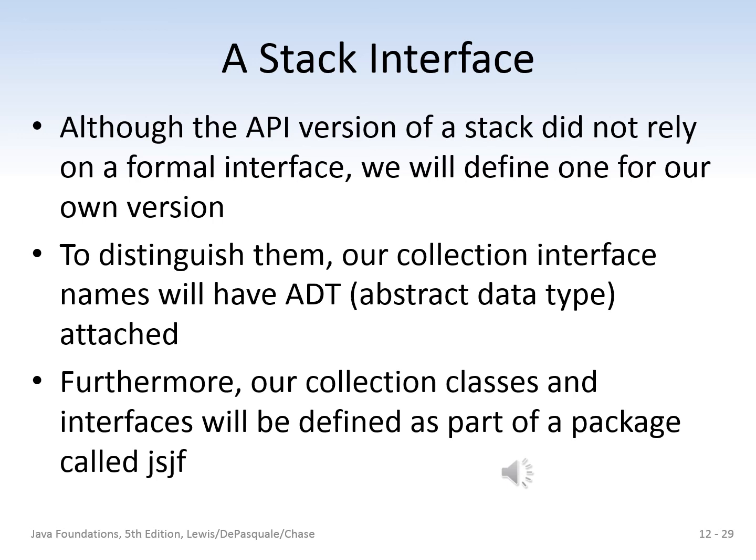So to distinguish an interface for a collection, we're going to use names that have ADT attached, ADT, abstract data type. And all of our collection classes and interfaces will define them as part of a package called JSJF. Let's take a closer look.